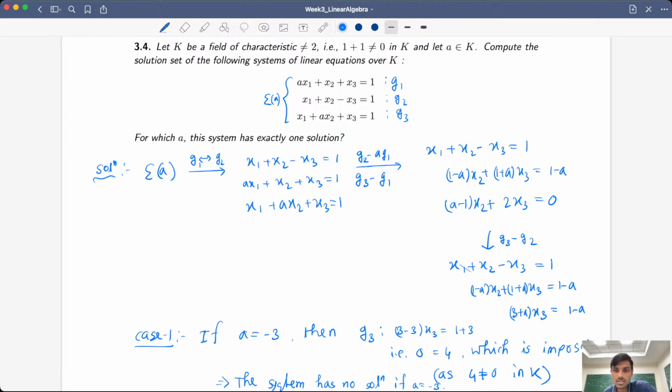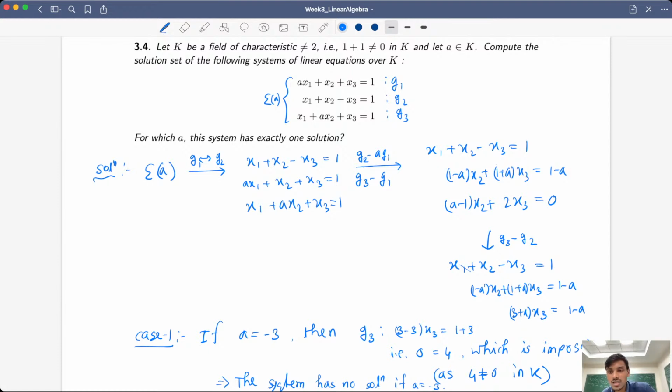Okay, so next the case we should consider is that a not equal to minus 3. So if a not equal to minus 3, then a might be equal to 1, right? If a equal to 1, then in this case this is 0 and this is 2x3 equal to 0, so x3 must be 0, because again you use that 2 is not equal to 0 in your field.